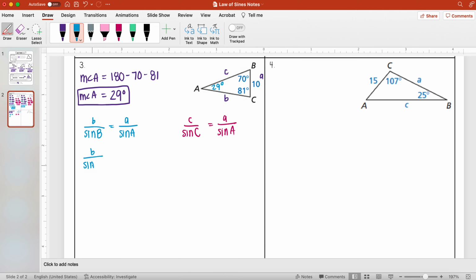Angle B is 70. A is 10. And then we just found that sine of A should be 29. Next, I'm going to cross multiply, so I have B times sine of 29 and then 10 times sine of 70.